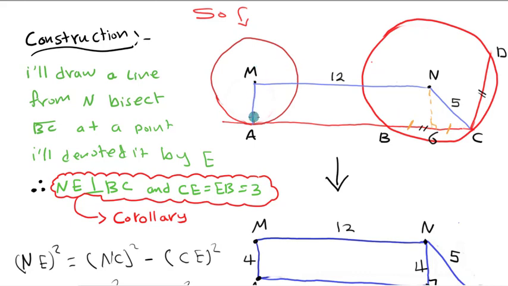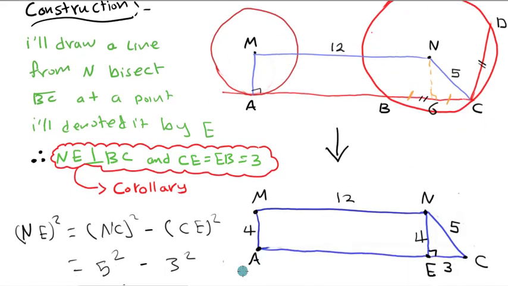There is a corollary saying that if a line passes through the center and touches the tangent at the point of tangency, the angle between the radius and the tangent will be a right angle.